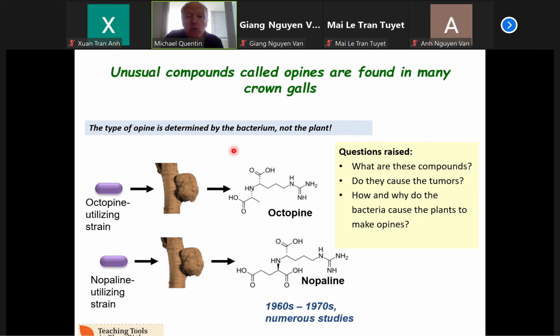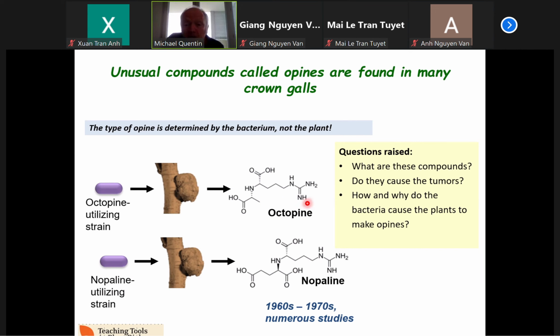And depending on which kind of Agrobacterium is infecting a plant, you will not find in the plant the same kind of opines. So it's really depending on the nature of the bacteria infecting the plant that the gall will contain, for example here, octopine or nopaline.